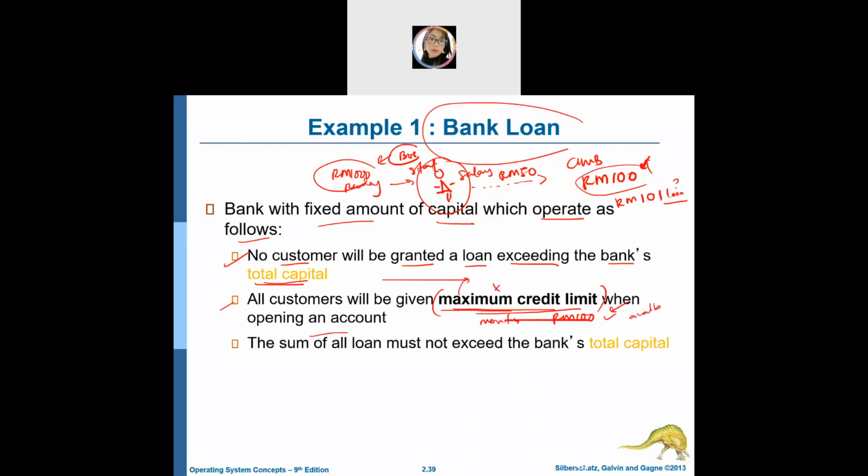But suddenly I call internationally, maybe, and in 15 minutes the call is already RM101. So my calls will be totally blocked. It is just because of the credit limit, not because I did not pay my monthly bills. And lastly, the sum of the loans must not exceed the bank's total capital either.